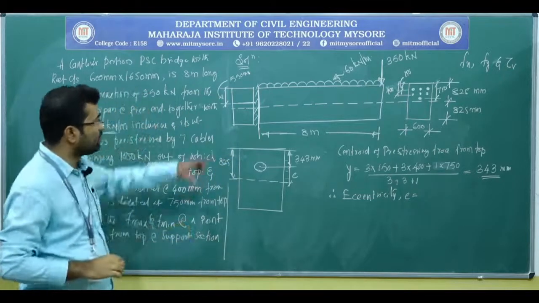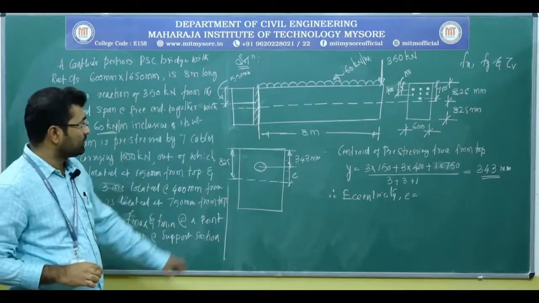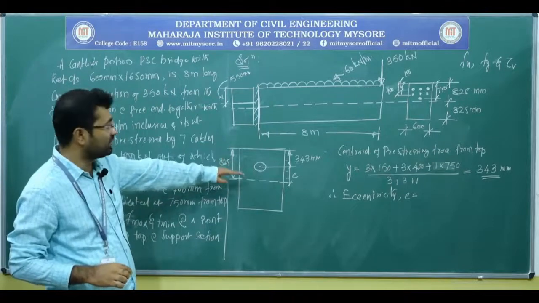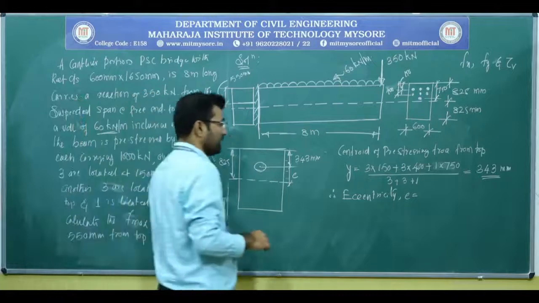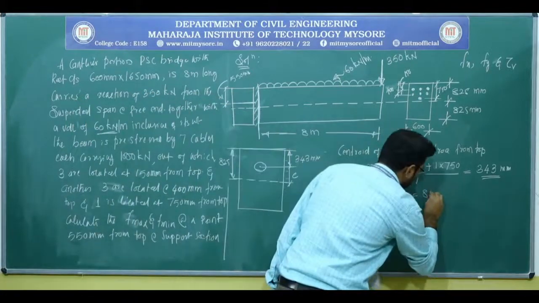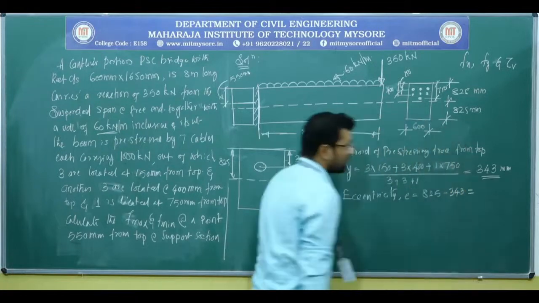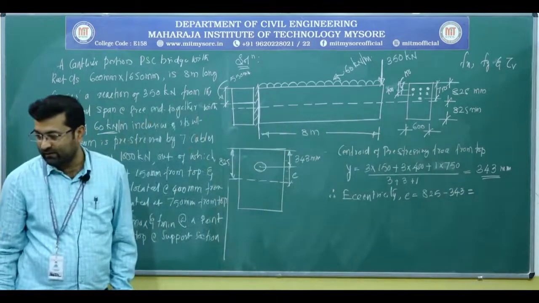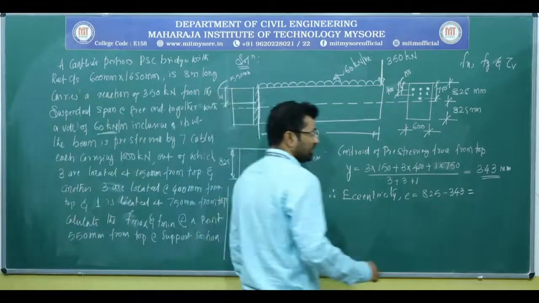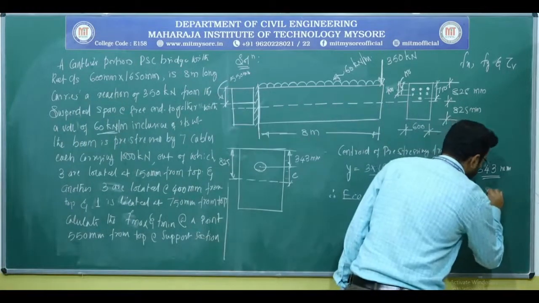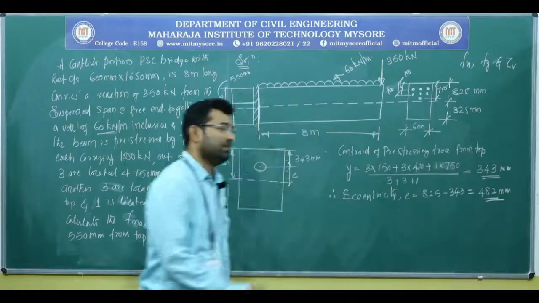So from the dimensions, I know that this distance is 825 millimeter, because the total depth of the beam is 1650 millimeter. So half of that, the neutral axis, will lie exactly at the center, that is at a distance of 825 millimeter. So 825 minus 343 gives us the value as 482 millimeter. This is the eccentricity.